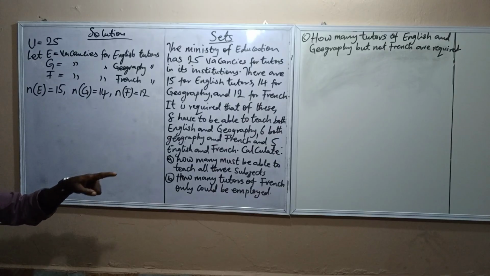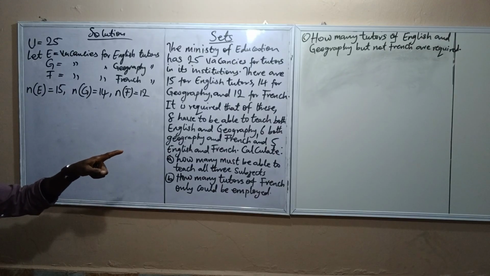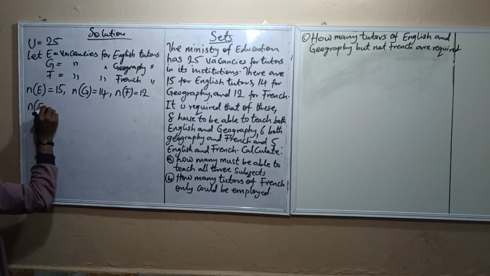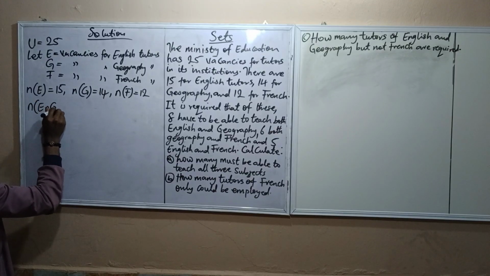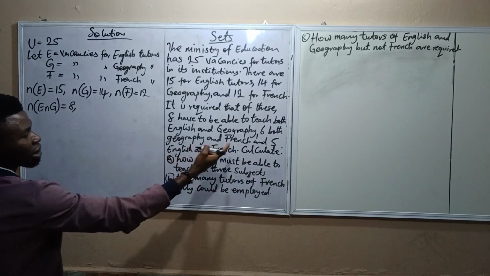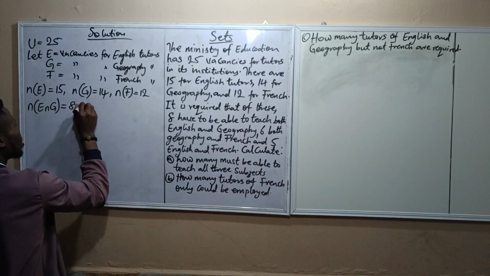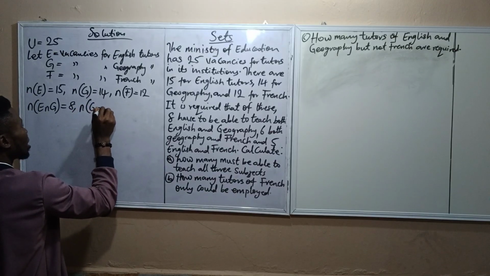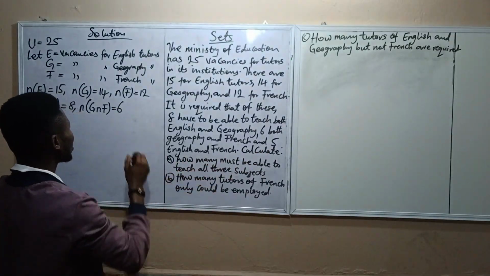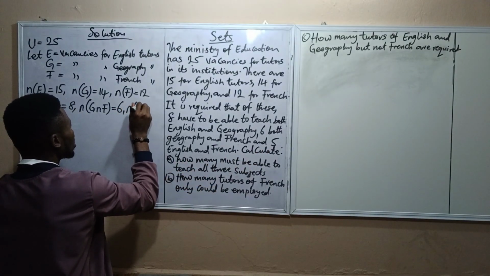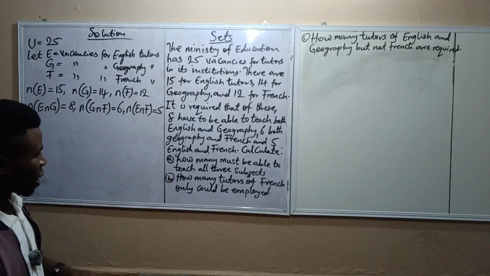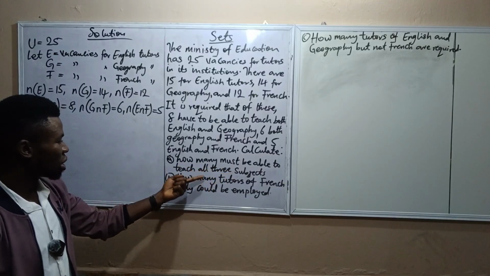It is required that of these, 8 have to be able to teach both English and geography. Number of E intersection G equals 8. And 6 both geography and French, so number of G intersection F equals 6. And 5 English and French, so number of E intersection F equals 5.